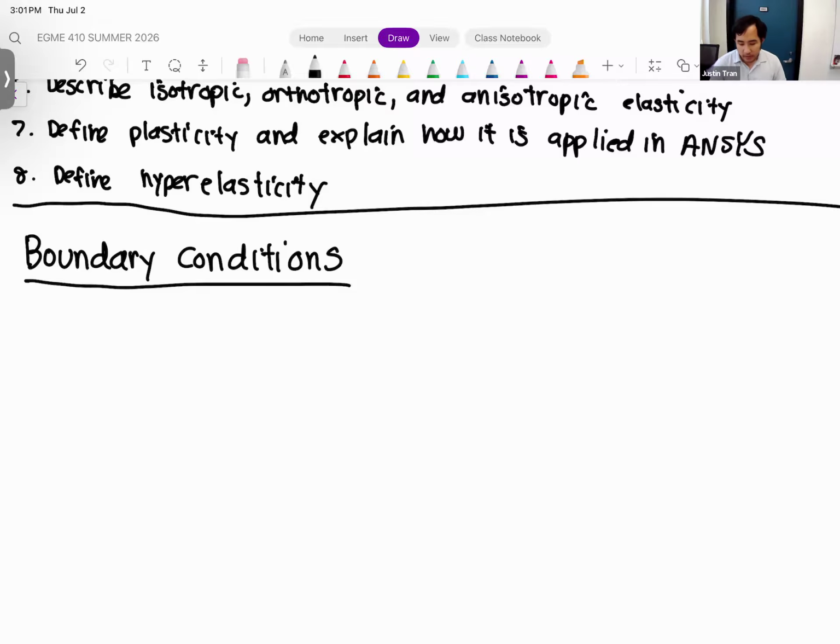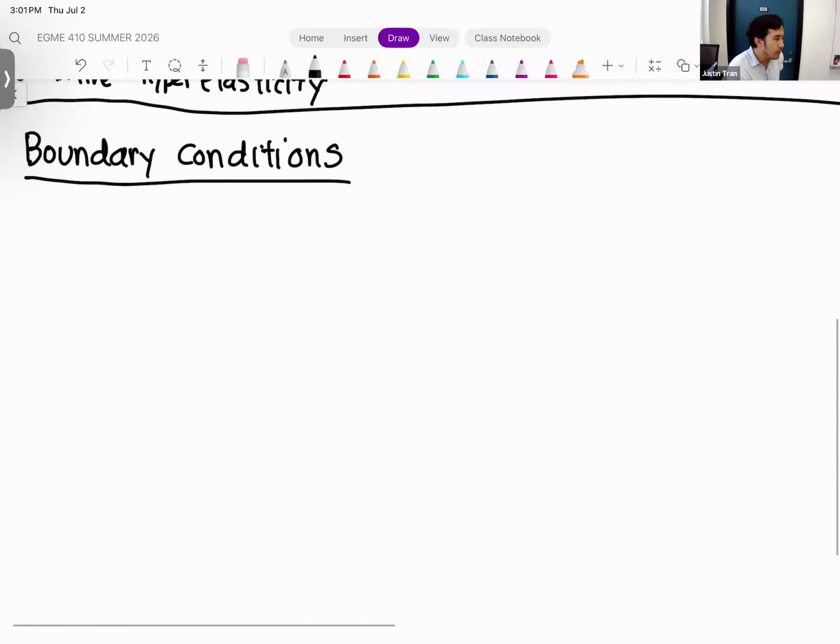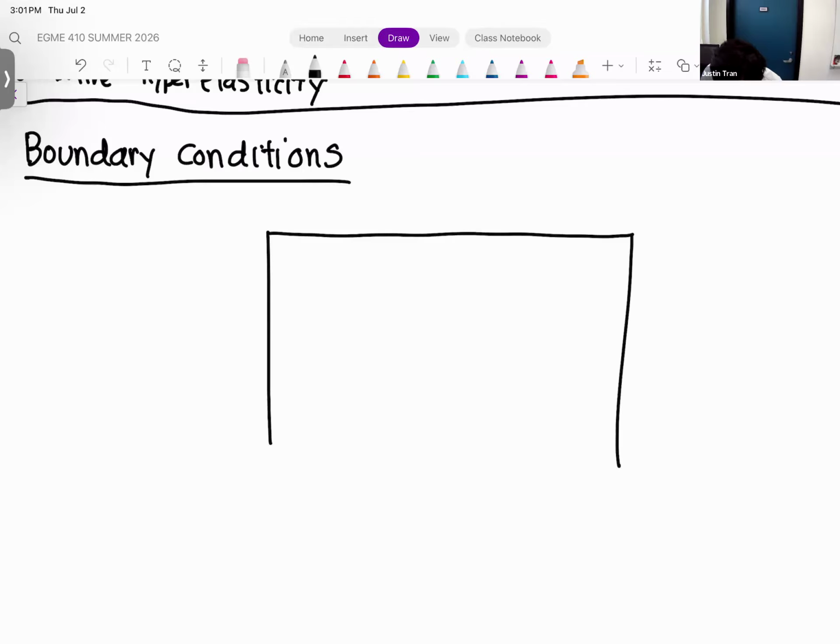If you recall from the activity yesterday, there was a point where we had to apply boundary conditions. Let me refresh your memory. Yesterday we had our plate with a hole, and we had to apply boundary conditions on the left side of the plate and the right side.